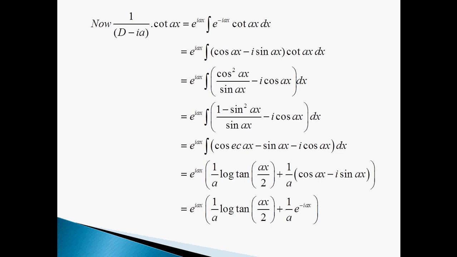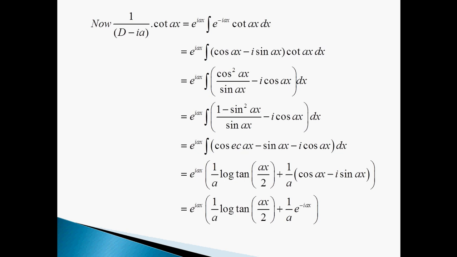Now integrate the cosec ax. The integration of cosec ax is 1 upon a log tan (ax by 2), plus we integrate sin ax, which is minus cos ax, and the integral of cos ax is sin ax.